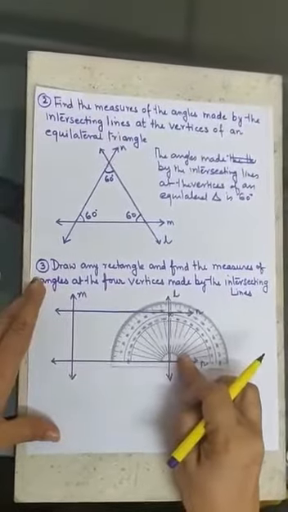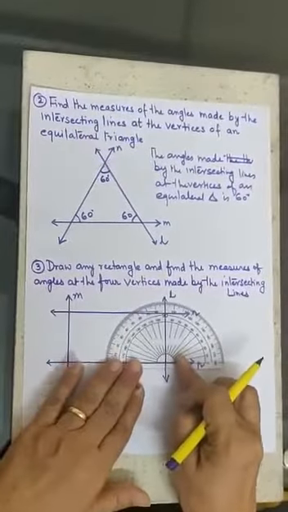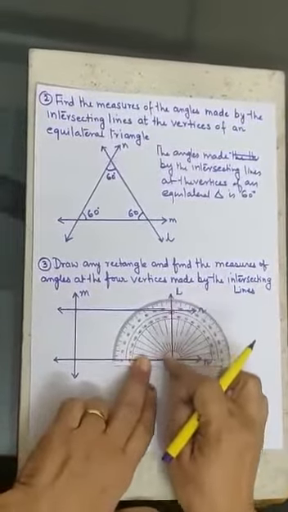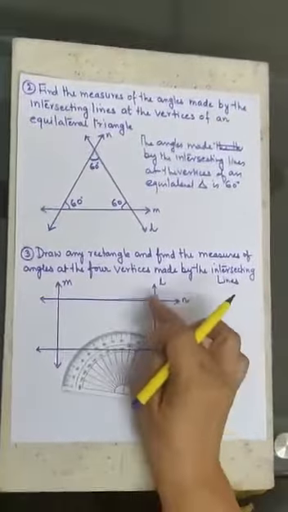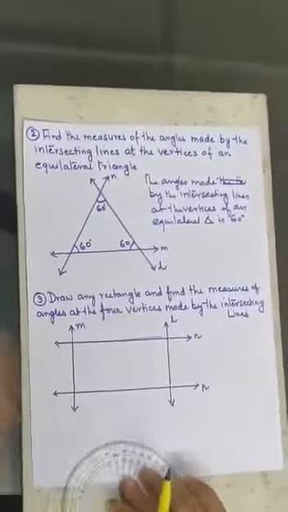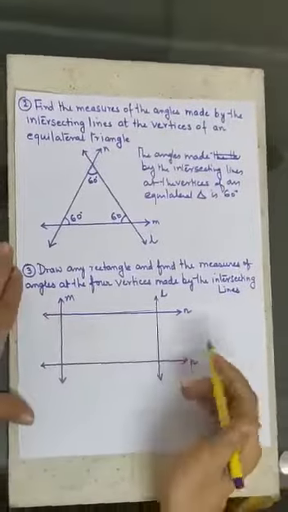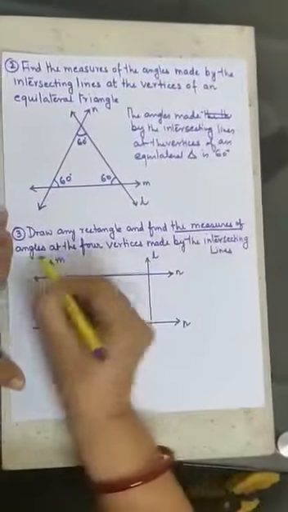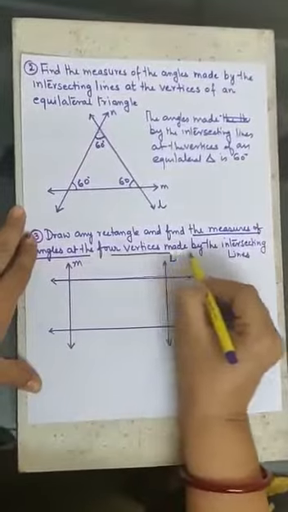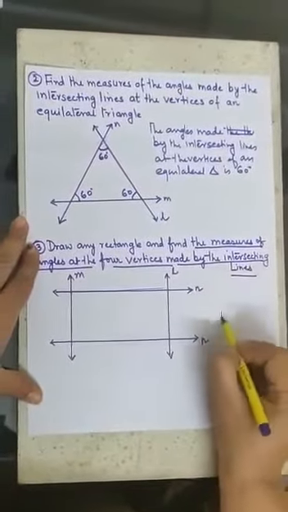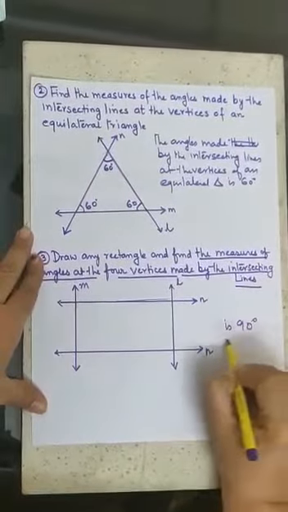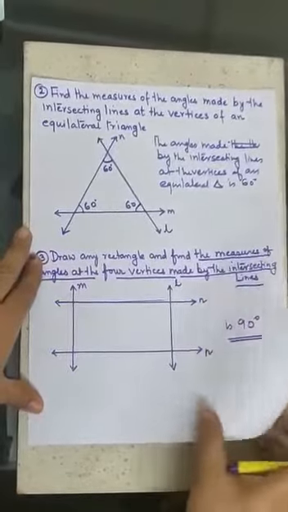Similarly, you place at this vertex and you see that again a 90 degree angle is formed. So when you place it here and here, you will get 90 degree. So the measures of the angles at the 4 vertices made by the intersecting lines is 90 degree. Understood?